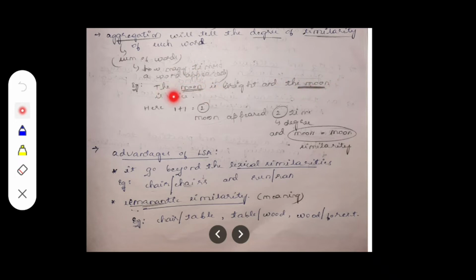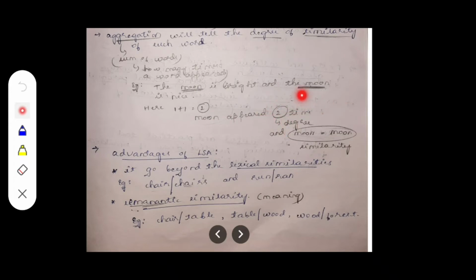First it goes from left to right, the moon appears, and then it compares with is, bright, the, and moon. Again the moon is matched at this position. This moon is matched with this moon, so at the matching time the count is 1, and once matched with the second moon, 1 plus 1, it is incremented to 2. So moon appears 2 times.